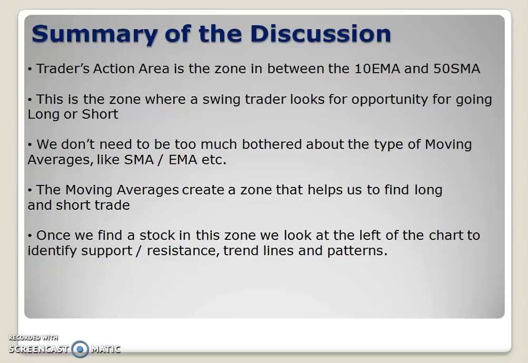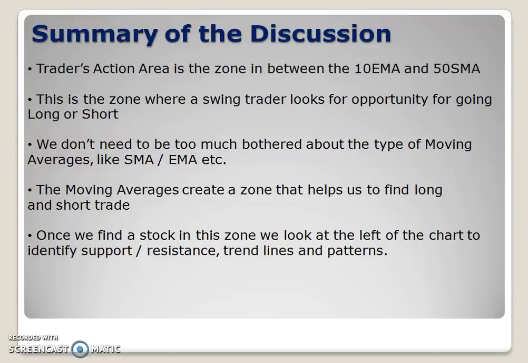Finally, the summary of the discussion. Traders action area is a zone in between the 10 period exponential moving average and the 50 period simple moving average. This is the zone where a swing trader looks for opportunity for going long or short. We don't need to be too bothered about the type of moving average, like simple moving average or exponential moving average.